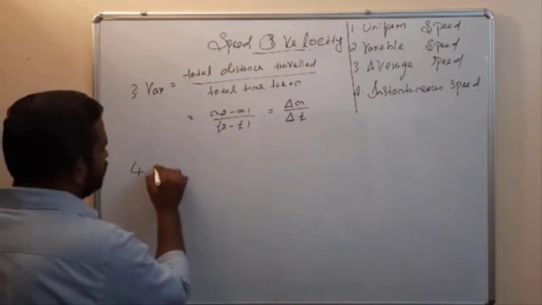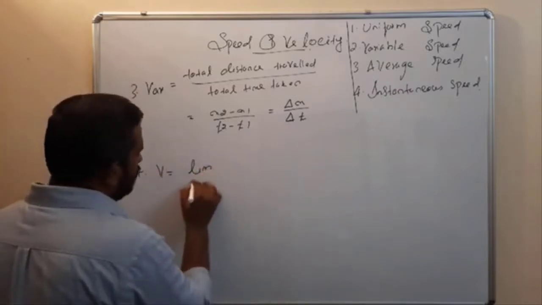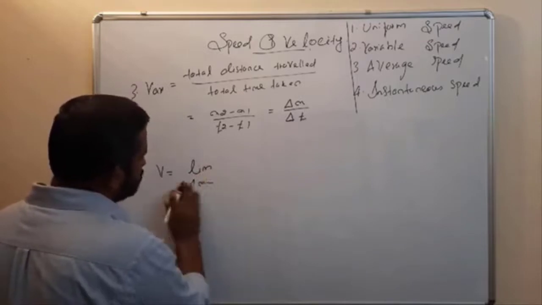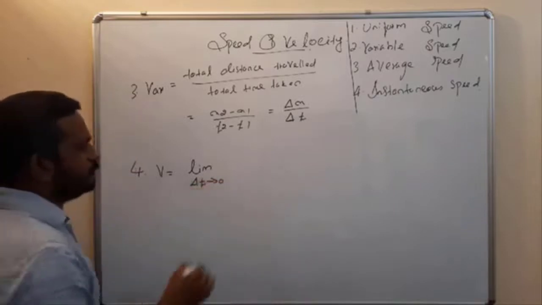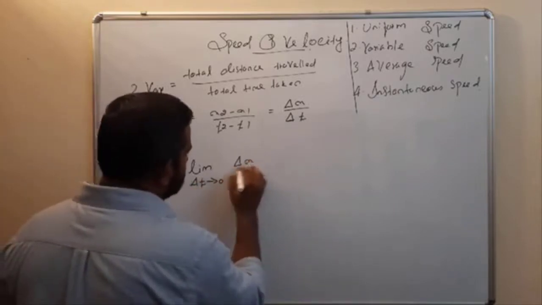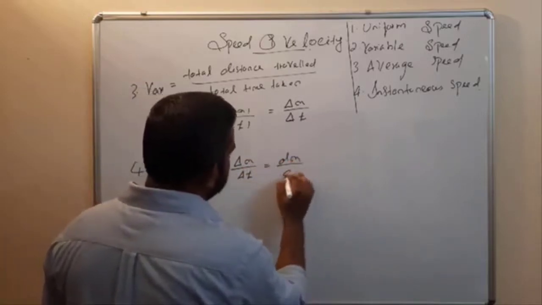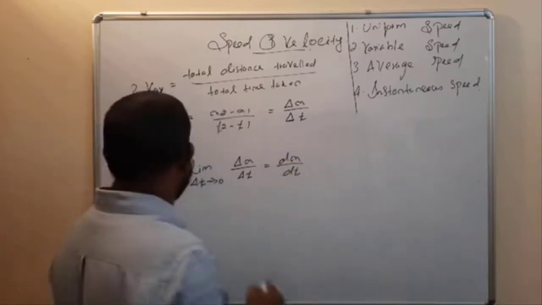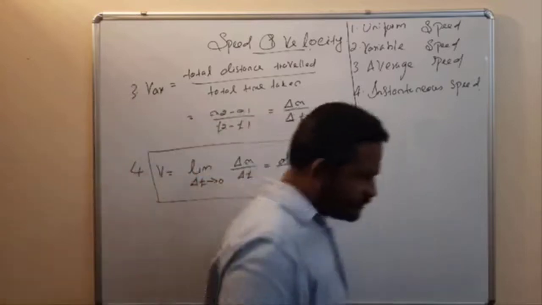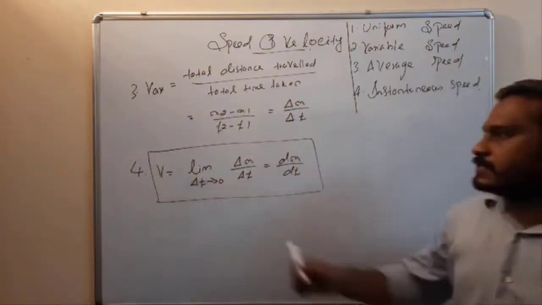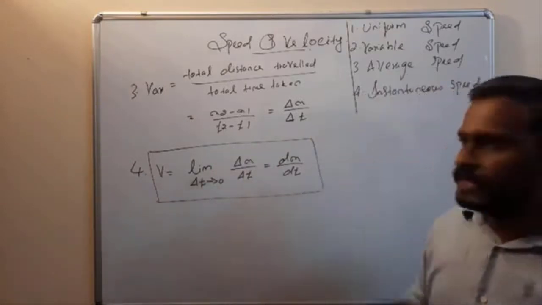So instantaneous speed V is equal to limit delta t tends to 0 of delta x by delta t, that is equal to dx by dt.